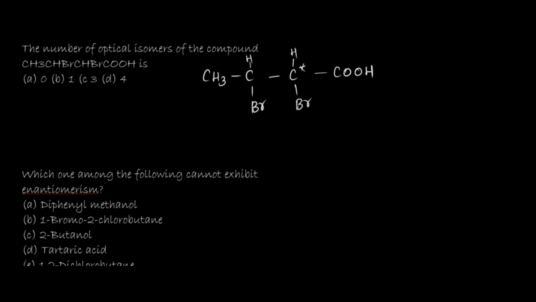Okay, so this is having 2 chiral centers. And is it symmetric? No, it is asymmetric. So apply the formula 2 to the power n. So n here is 2, which makes the answer D.